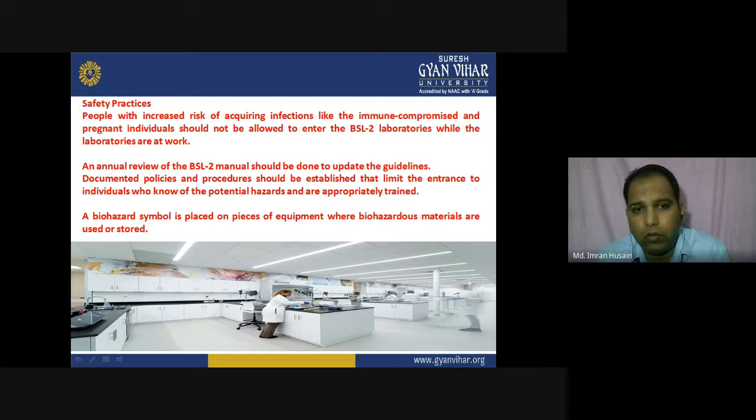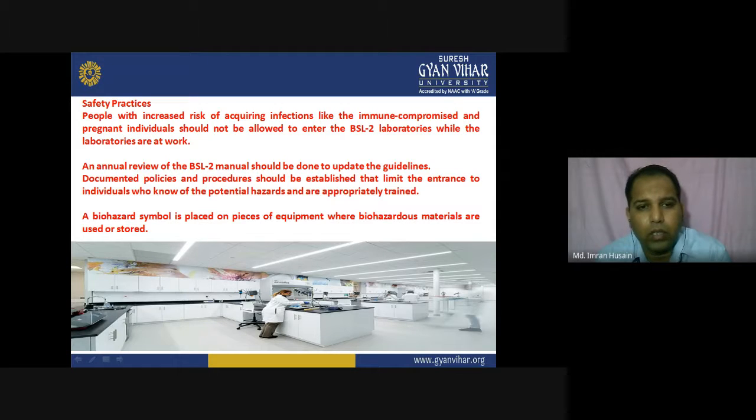An annual review of the BSL2 manual should be done to update the guidelines every year. Documented policies and procedures should be established that limit entrance to individuals who know of the potential hazards and are appropriately trained every time. High level of training, high level of precaution and safety.